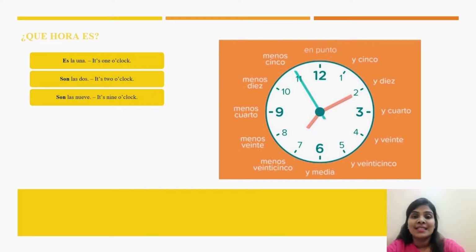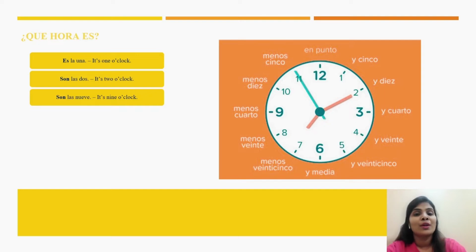Una is singular, that is 1, and dos is plural. So when it is singular, we use the verb also in the singular form. That is why we have put es there, and then when it is plural, we have put son there. We will cover all the singular and plural concepts in our further coming lessons.